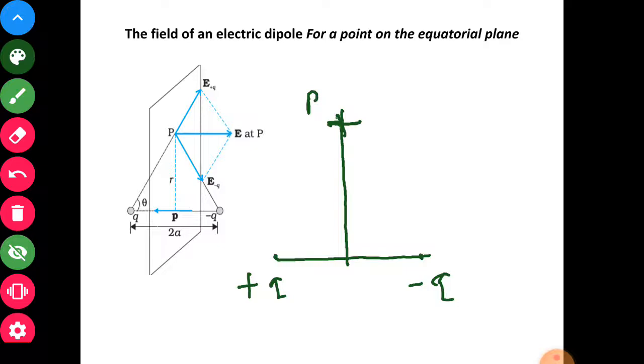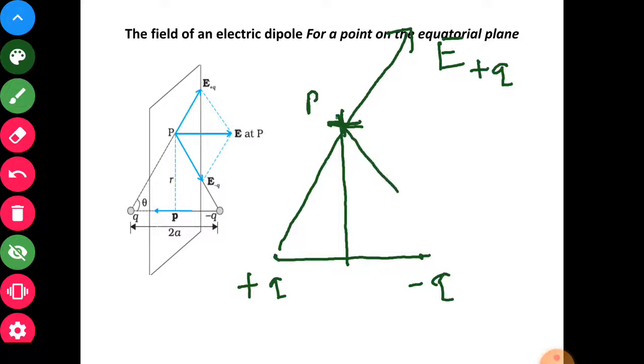Now the plus Q charge and the plus 1 unit test charge will have a repulsive force. So this will be the direction of E, the electric field due to plus Q. And this plus 1 coulomb charge, or plus 1 unit charge, will experience an attractive force from the minus Q charge.